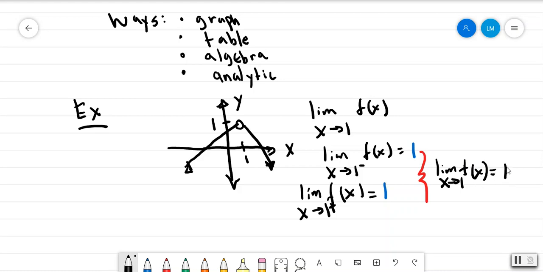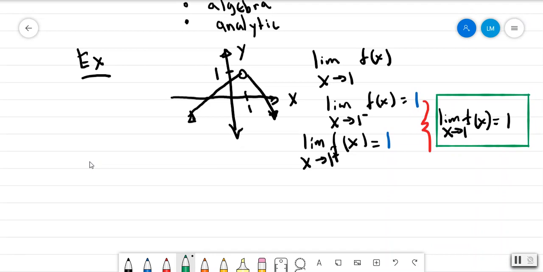Now, if I would have used the function that defines that graph, f of x equals negative the absolute value of x minus 1, and then plus 1, you can see that if we plug in values that are less than 1 or even greater than 1, it's going to roughly approach the value 1.